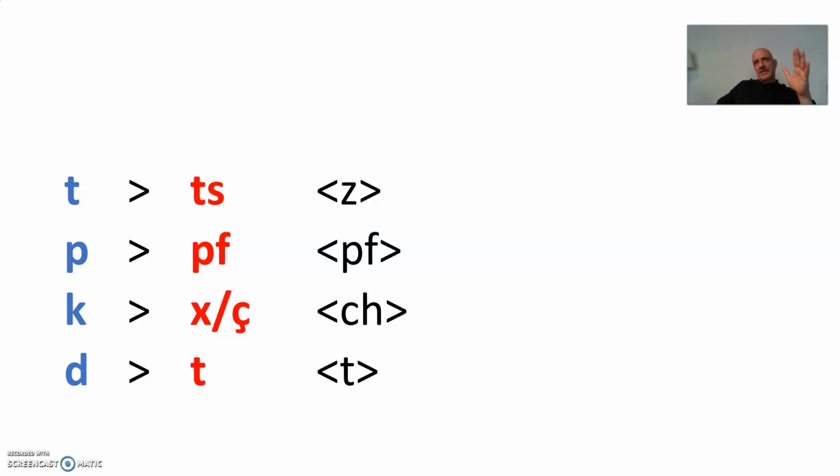Is it easier to say ts instead of t? I think it is, because t, you really have to open your mouth, have it explode, and have an aspiration. If you just say ts, you leave the tongue where it is and just press the air through. So ts is easier.